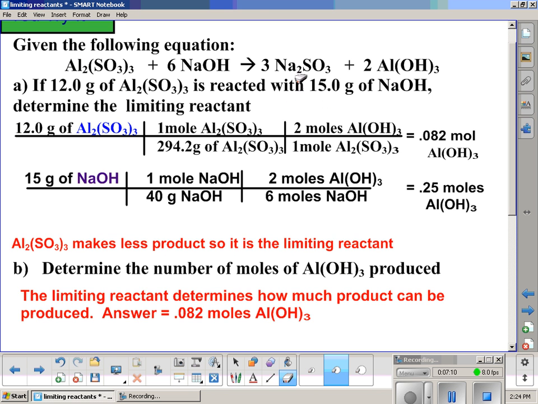So first let's do stoichiometry from one of these. Moles is a little bit easier. It's one step shorter. So let's go from moles of aluminum hydroxide back to grams, and we have to go to grams because we're given grams to start with. So moles of aluminum hydroxide to grams of sodium hydroxide.